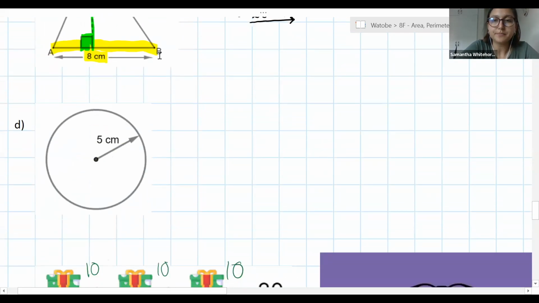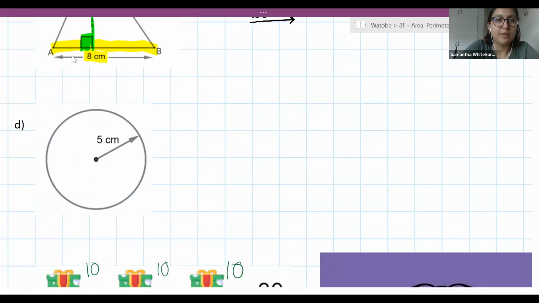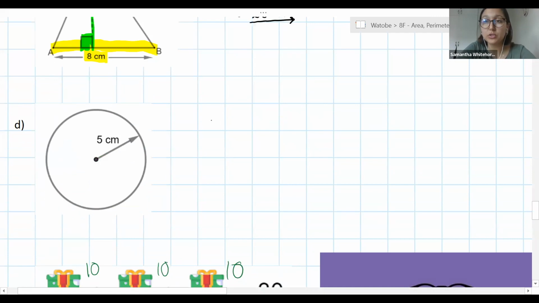Okay, so guys, another nice basic one to start us off. We've got a circle here. The area of our circle is equal to pi times r squared, or you can say pi times r times r. So I'm going to give you guys 30 seconds.